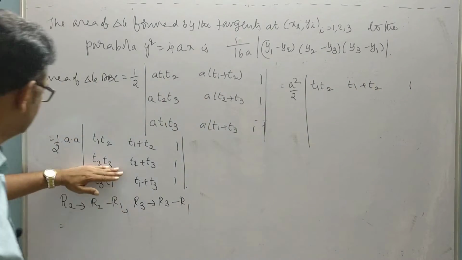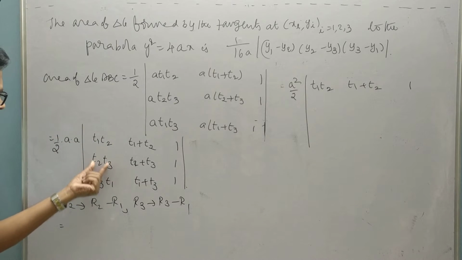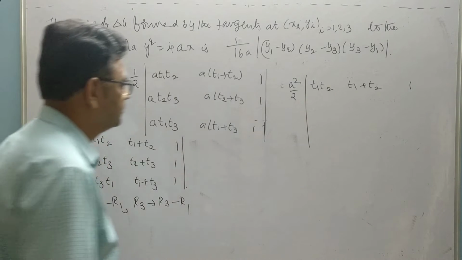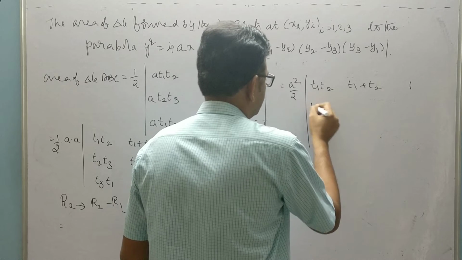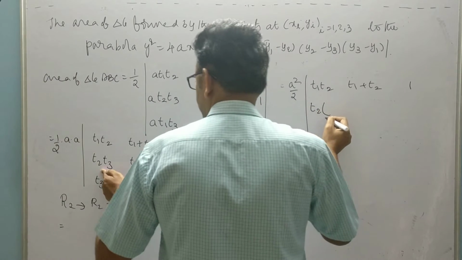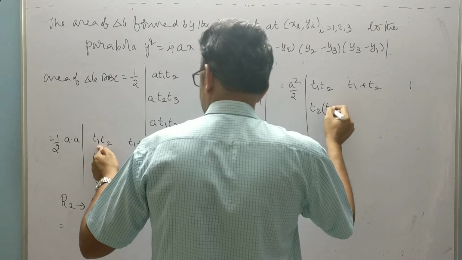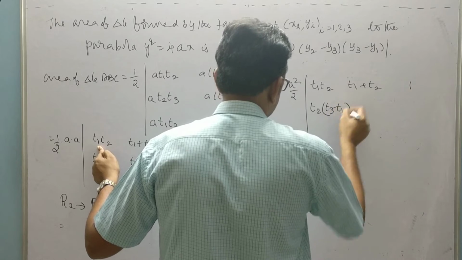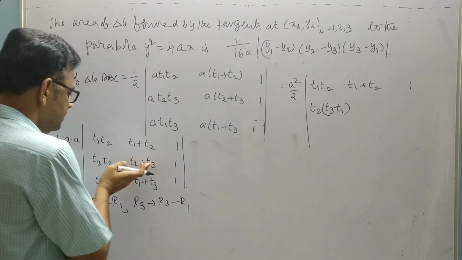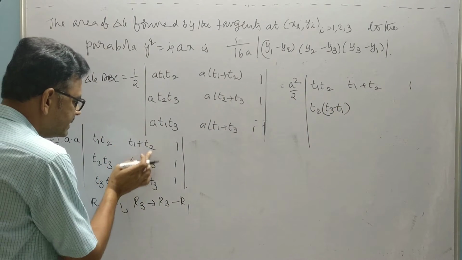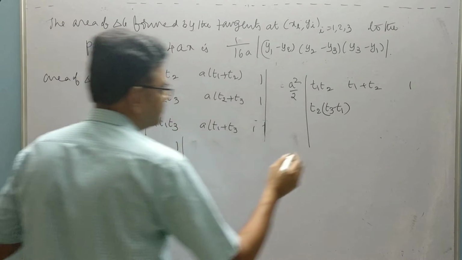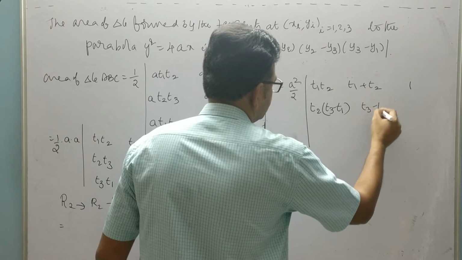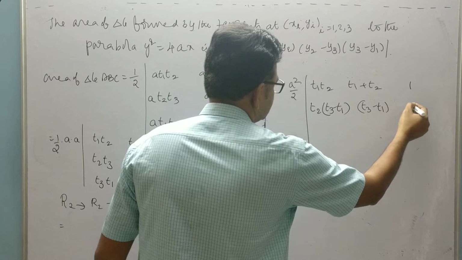R2 changes to R2 minus R1, so T2 is taken common, so T3 minus T1, and here T3 minus T2 gets cancelled, T3 minus T1, and it is 0.